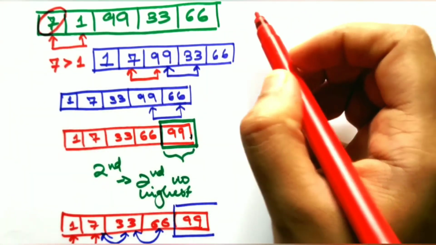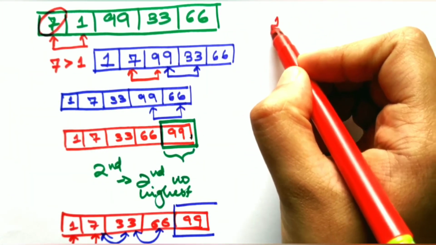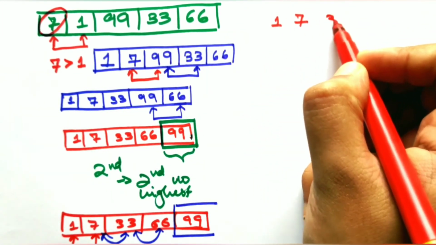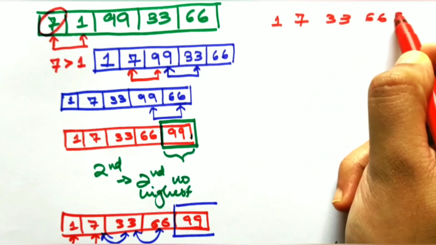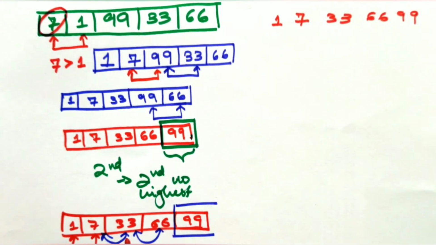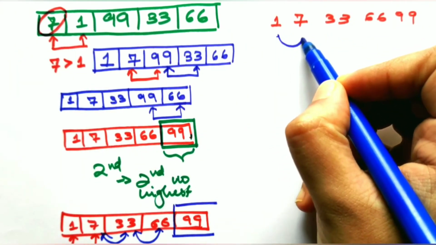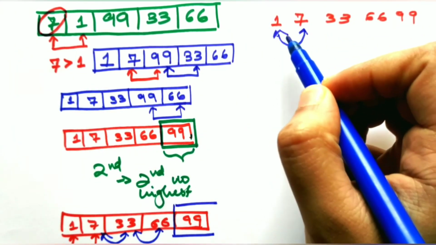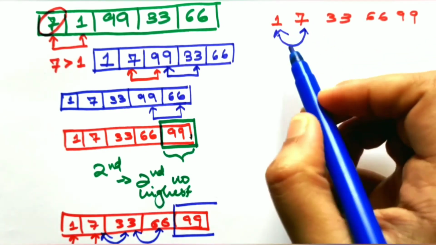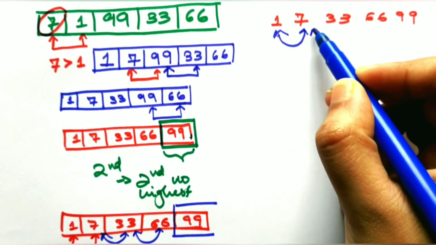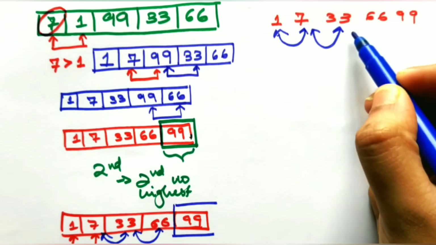Let's move ahead again. Now we have 1, 7, 33, 66, and 99. It'll again start. I'm not drawing the entire array form, you can get it. So you have 1 and 7, no change. Move forward, 7 and 33, no change.